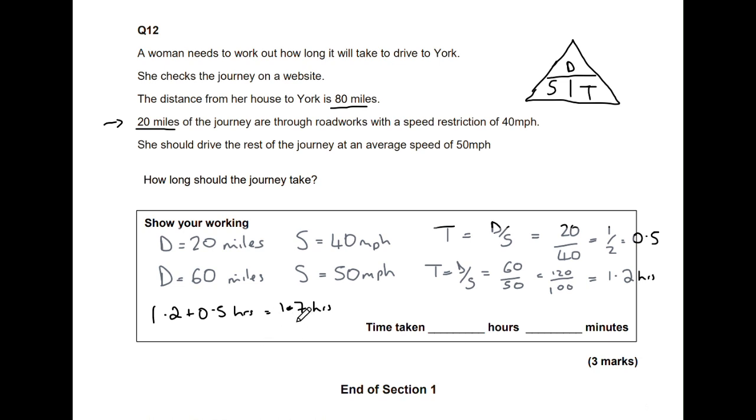So we can take this 0.7 and we could times it by 60. That's how many minutes it is. It's 0.7 of 60 minutes, which is 42 minutes. That sounds about right, doesn't it? So the time taken is an hour and 0.7 of an hour, which is 42 minutes.